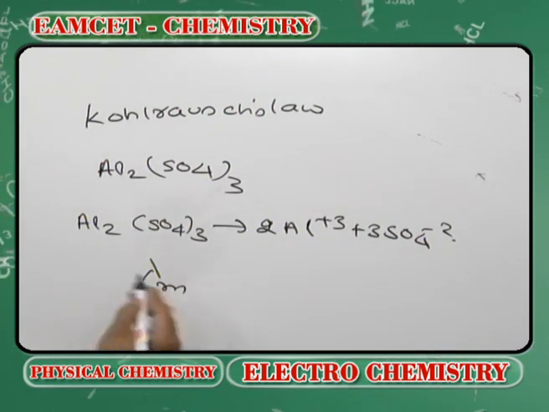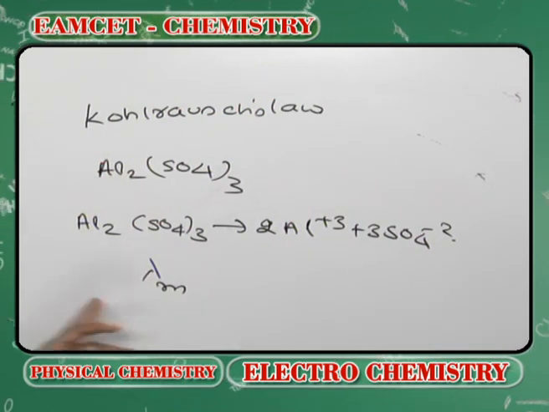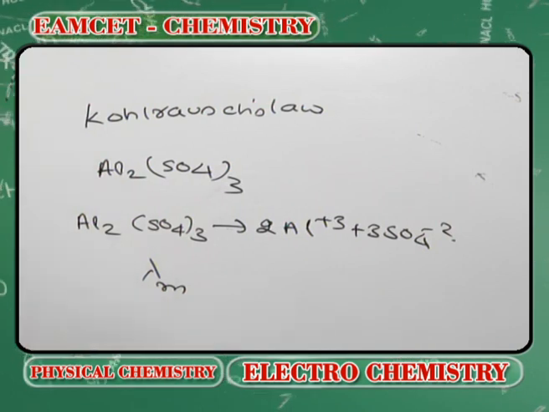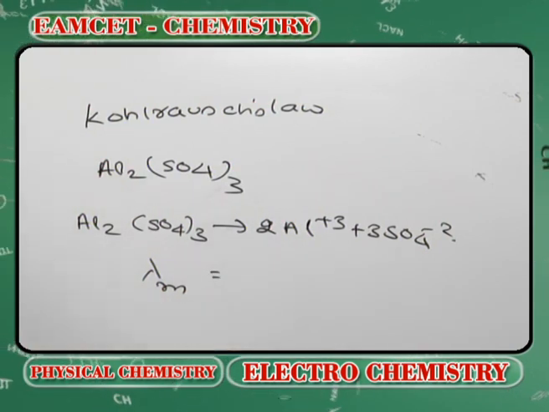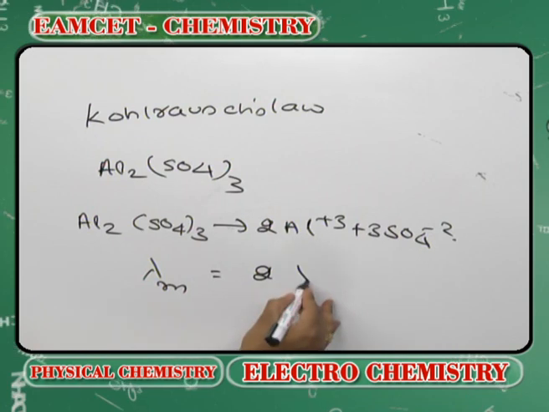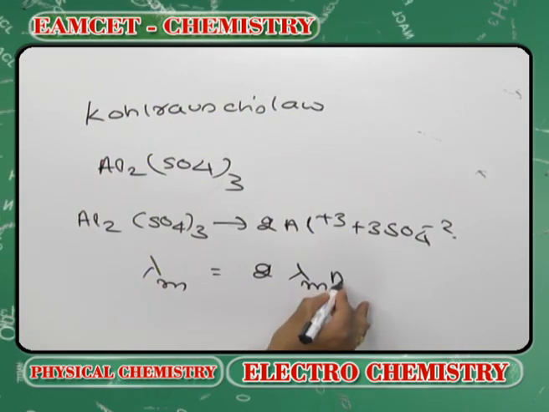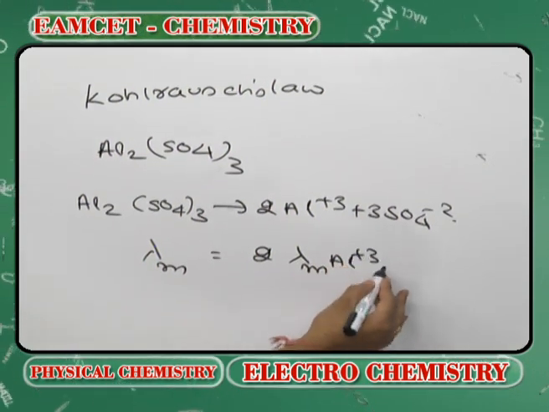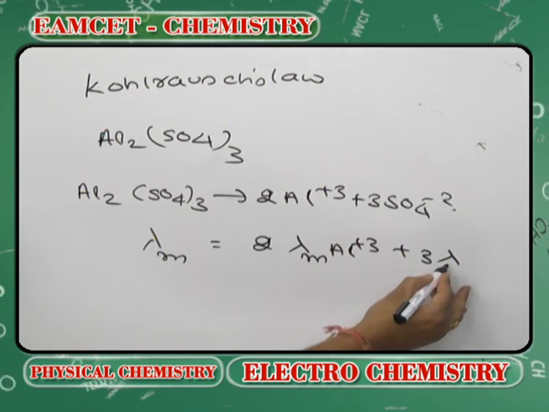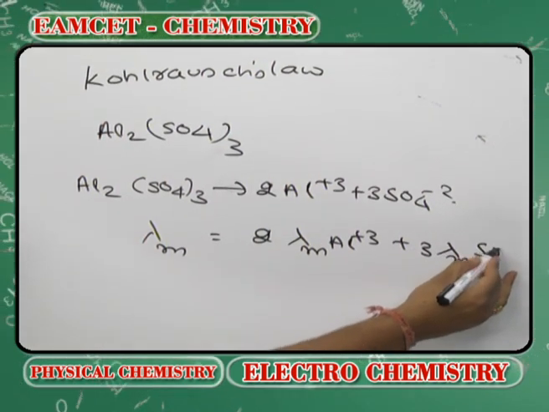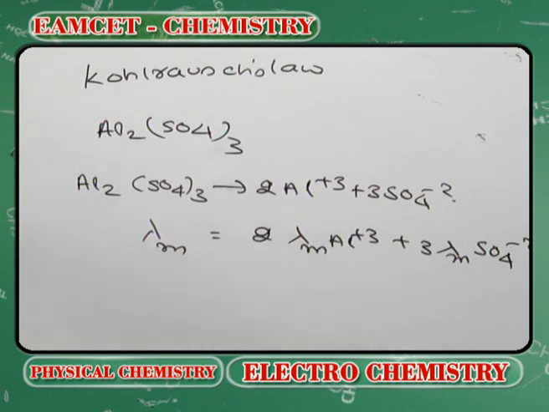How do you indicate the molar conductivity of Al2(SO4)3? 2 into molar conductivity of aluminum ion plus 3 into molar conductivity of SO4-2 ion.